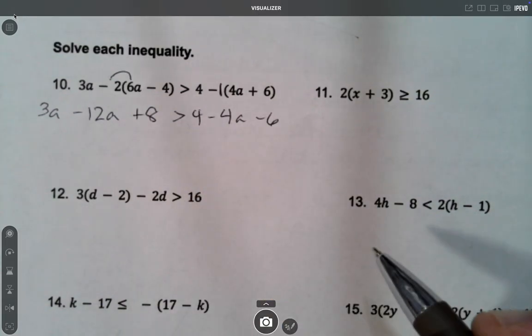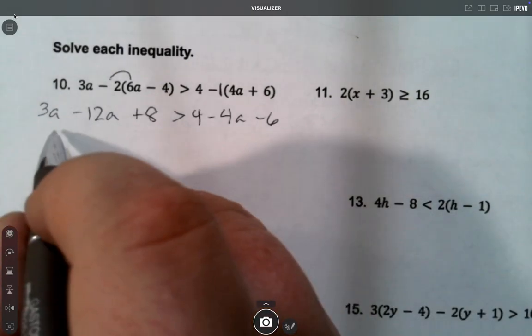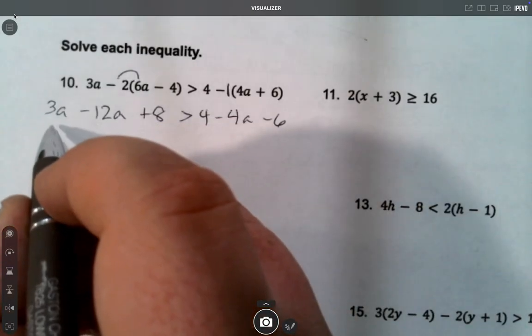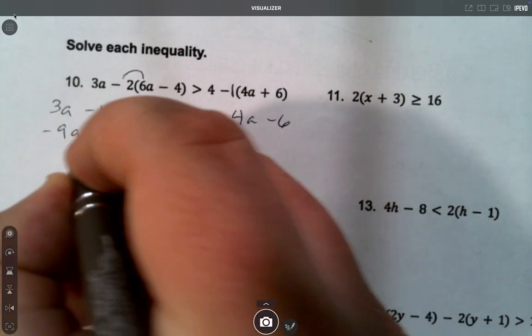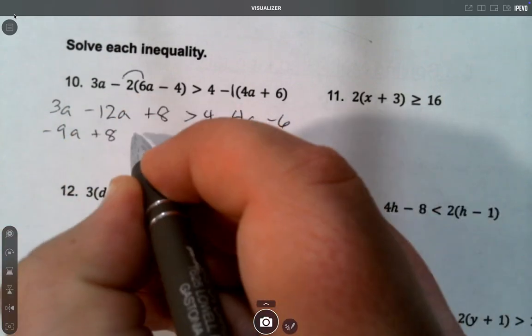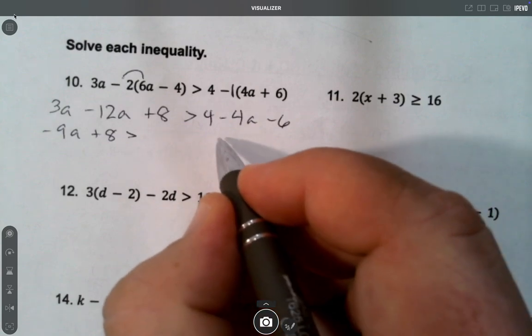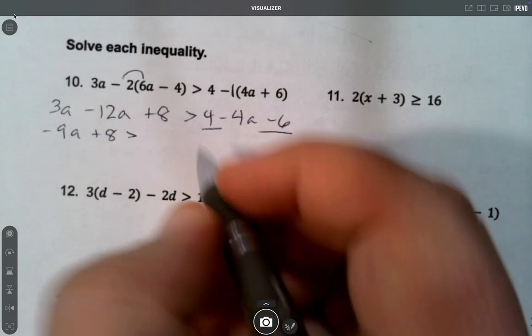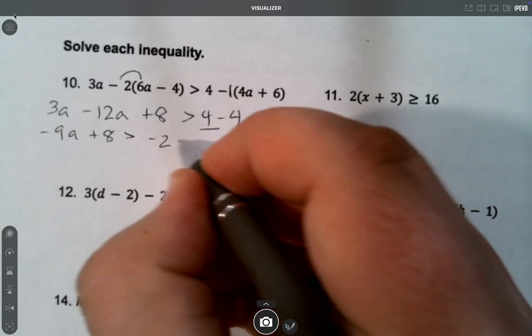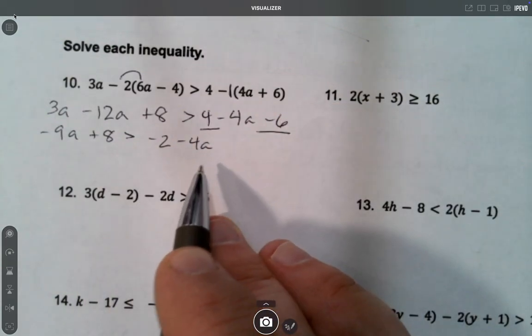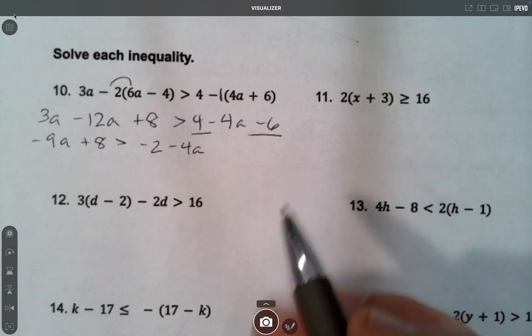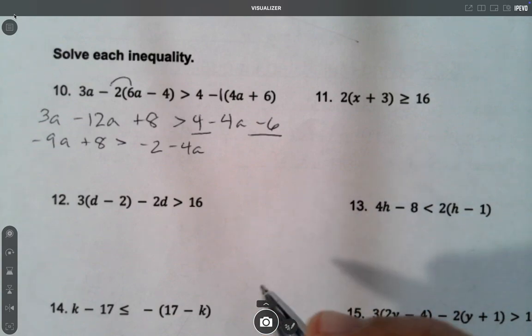Okay, so now we'll combine the like terms we have on each side individually. So what I mean is just looking at this side, 3a minus 12a is -9a. And then 4 minus 6 is -2. And it's okay if you write -2 minus 4a or -4a minus 2. It's the same either way, so the order doesn't matter there.